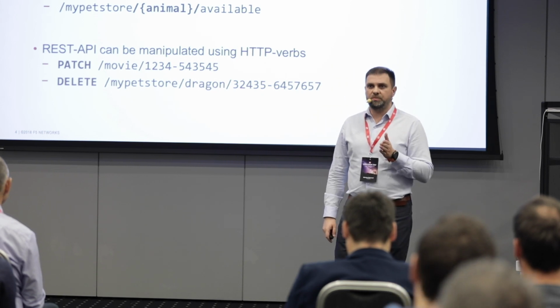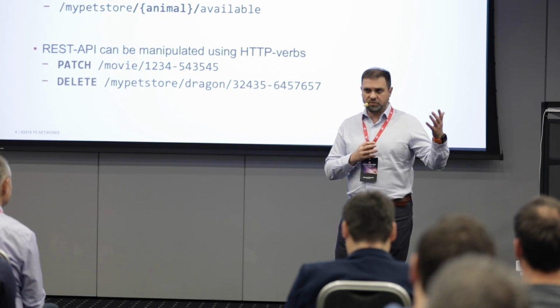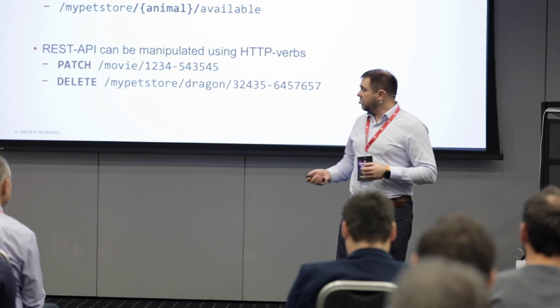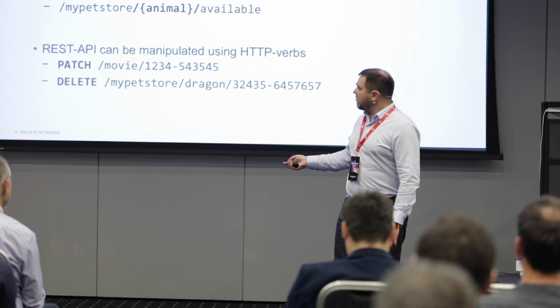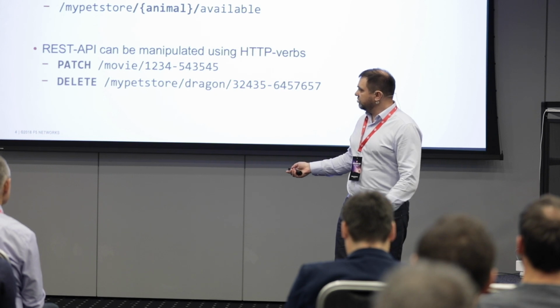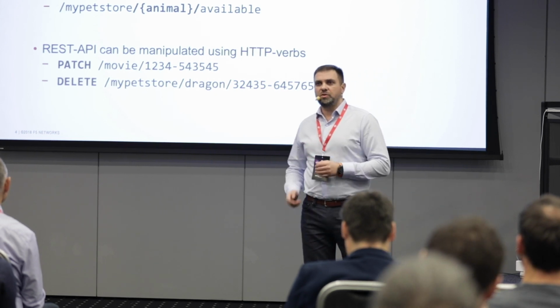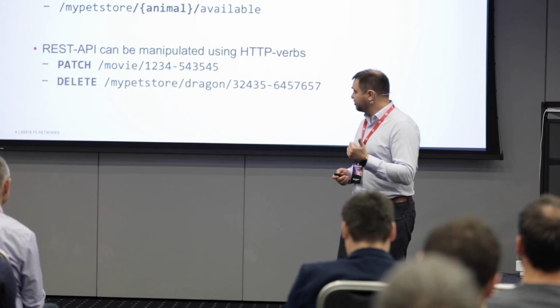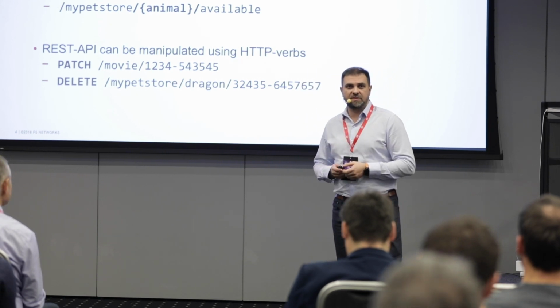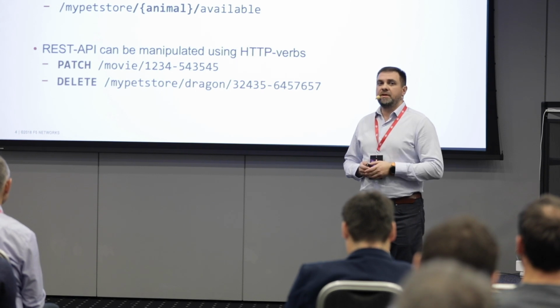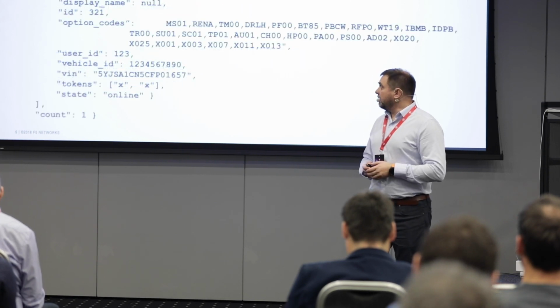In regular HTTP we normally have GETs and POSTs. But REST API calls use not only GETs and POSTs, but also other HTTP methods like PUT, PATCH, DELETE, UPDATE, and so on. This is very typical.